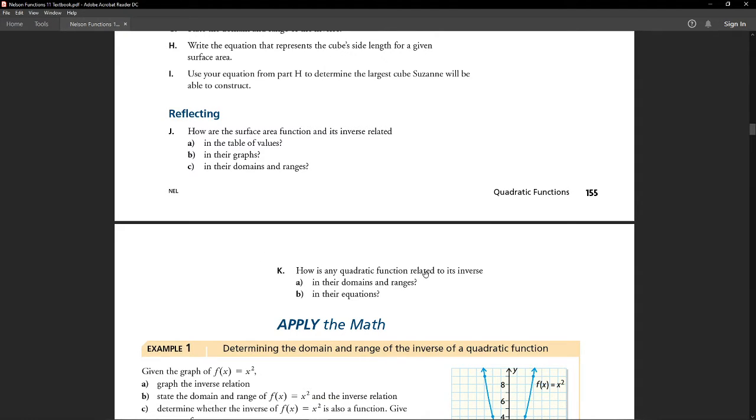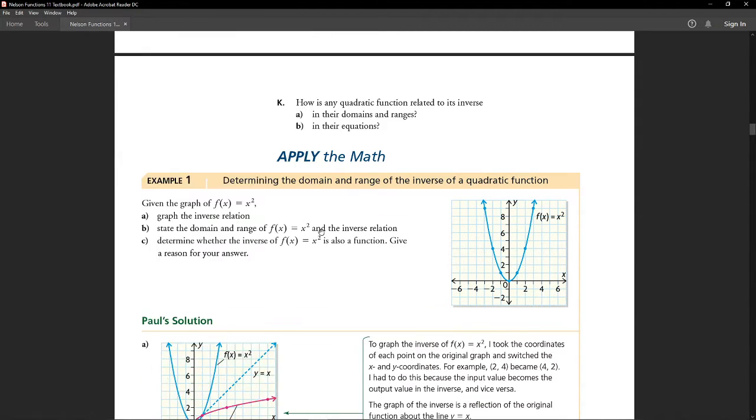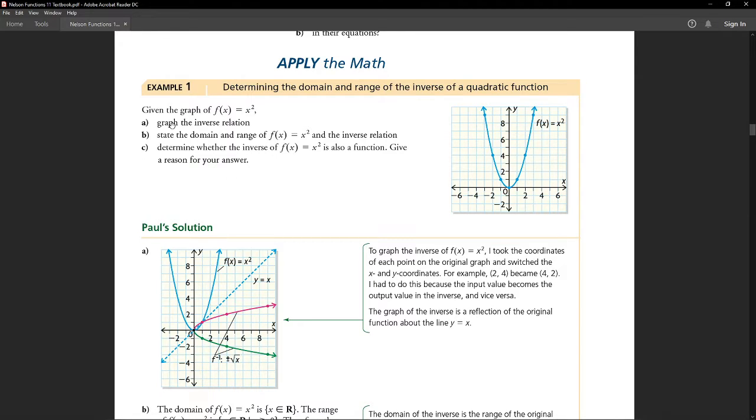How is any quadratic function related to its inverse? I guess it's just a rotation. And in their equations, I didn't write them out. Whatever. Given the graph f of x equals x squared, graph the inverse relation.